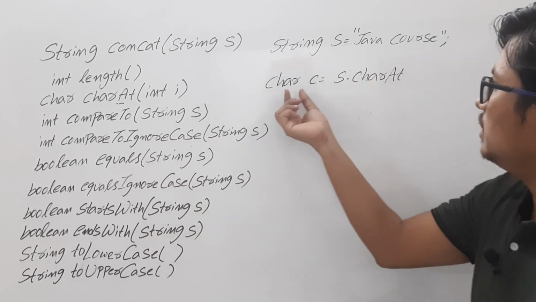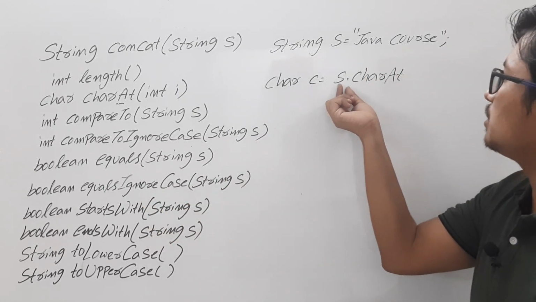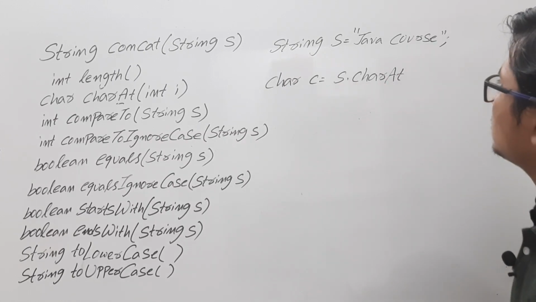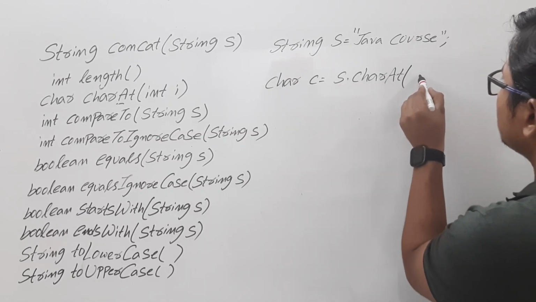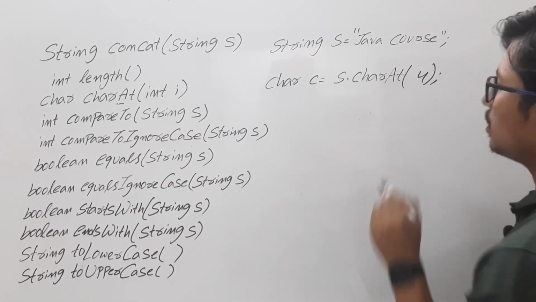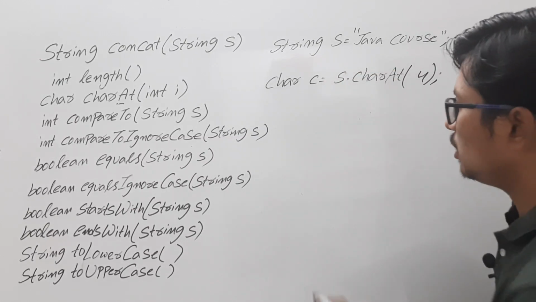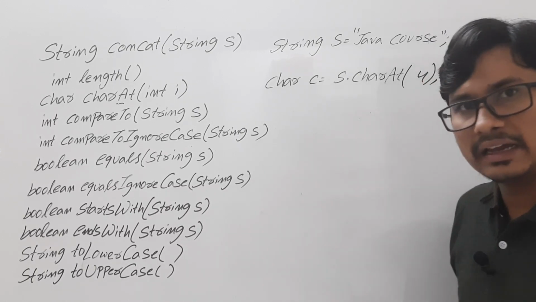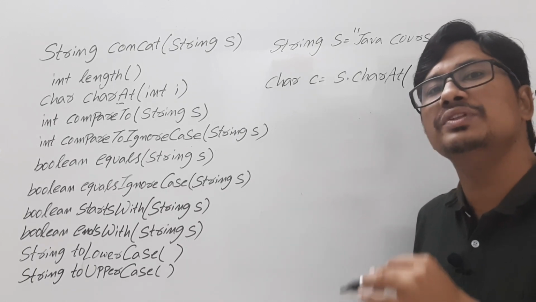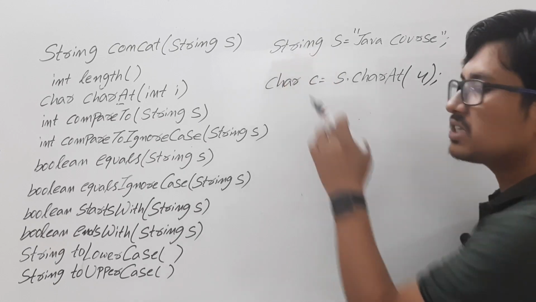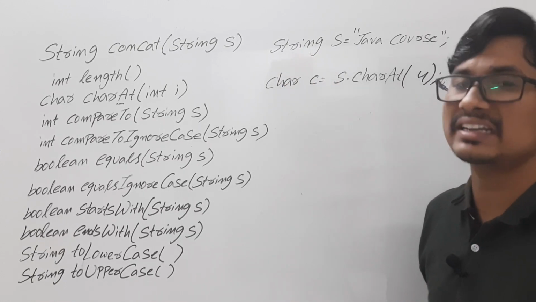Okay. So some char c is equal to s.charAt, let me give the index as 4. At the index 4, what character is there? You know that an array always starts with index 0, and a string is also a character array.